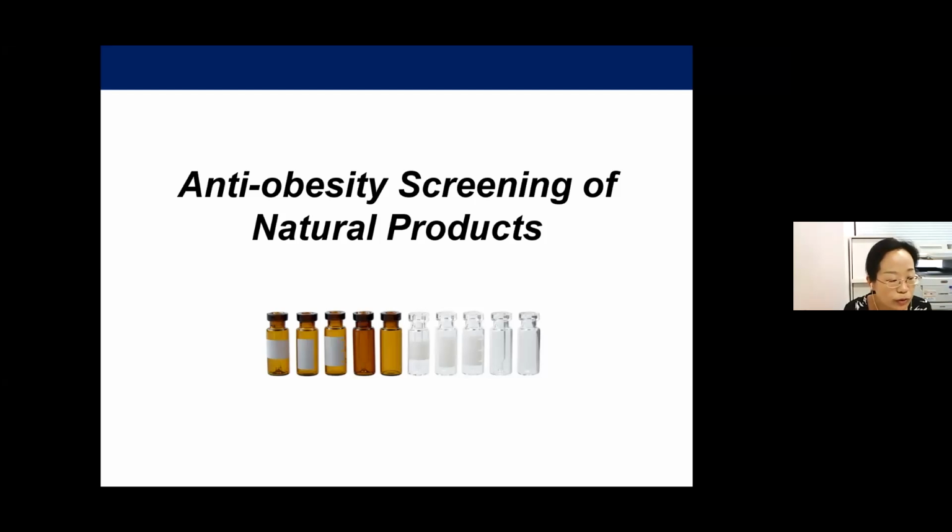We will spend money and time. So we developed a systematic technology to evaluate the anti-obesity screenings of natural products. We just use the zebrafish larvae as a first screening, and then validate the selected test materials with the adult zebrafish.